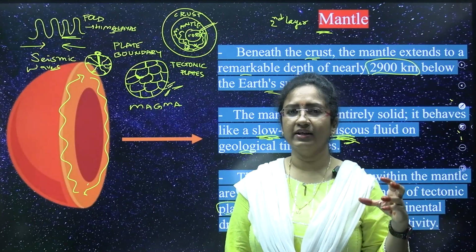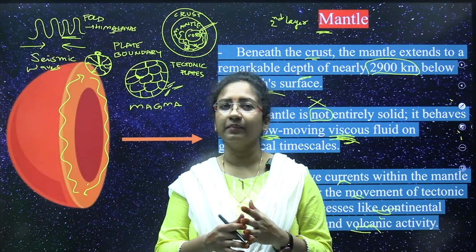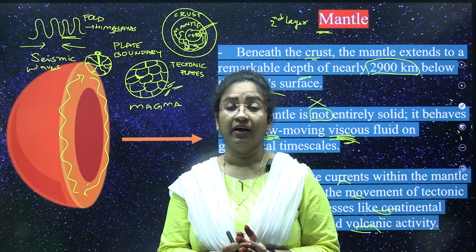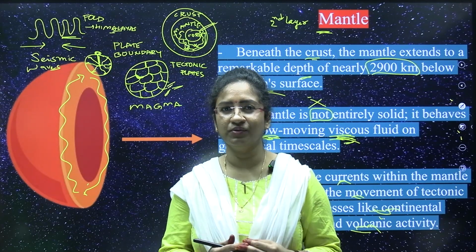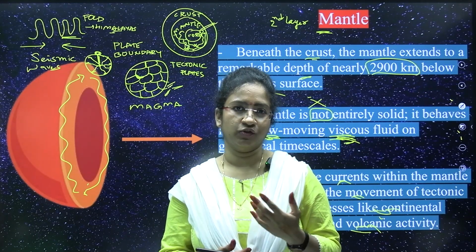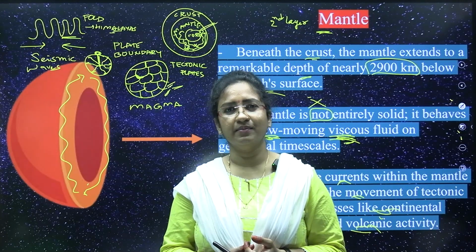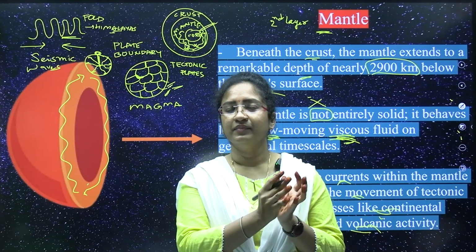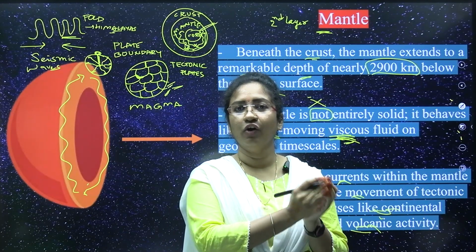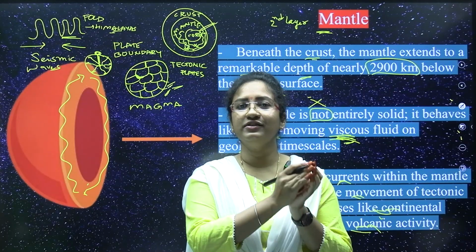Always imagine a case wherein the magma is just waiting for an opportunity. If it gets some opportunity, it just wants to escape from the mantle and come out to the surface, right? Imagine the magma locked up in the mantle, and it just wants freedom.